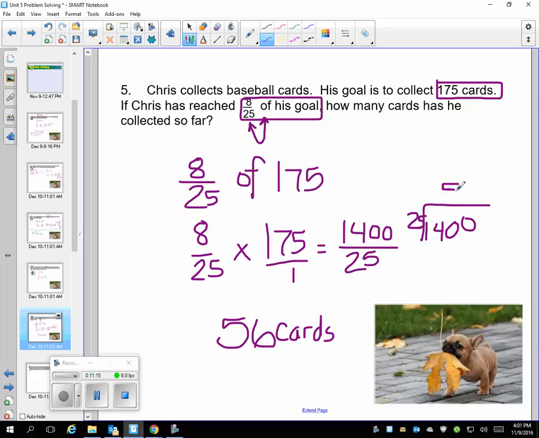And I know this goes in there. Oops, done something wrong here. Let's figure out what I've done wrong. Oh, no, I'm right. I'm good. And 25 into 150 goes 6 times with no remainders. 56 right there. Okay, so get started on your assignment.